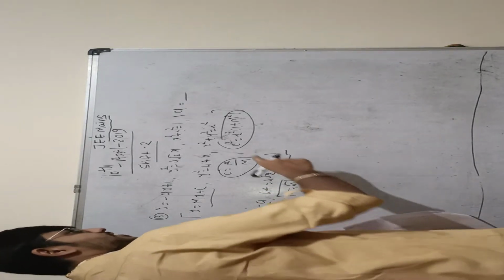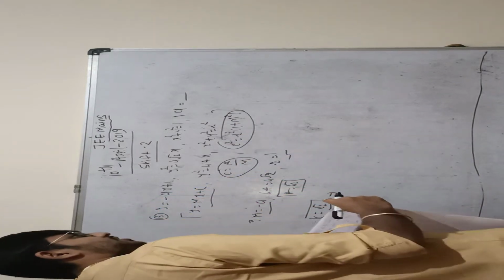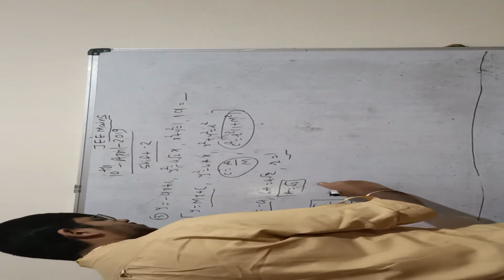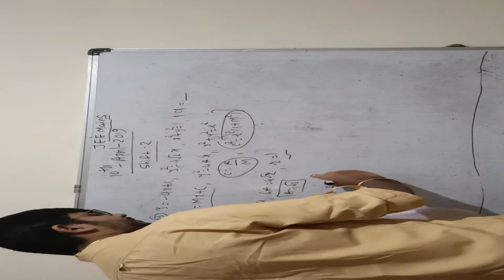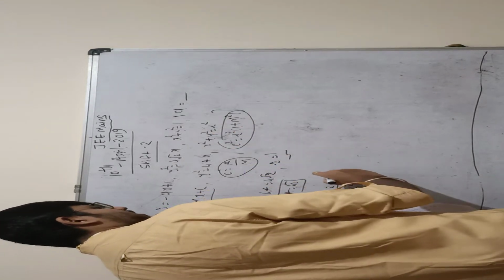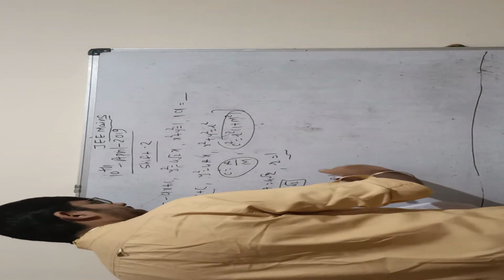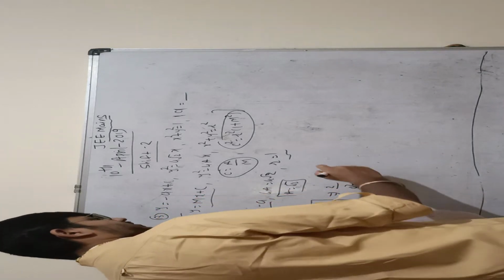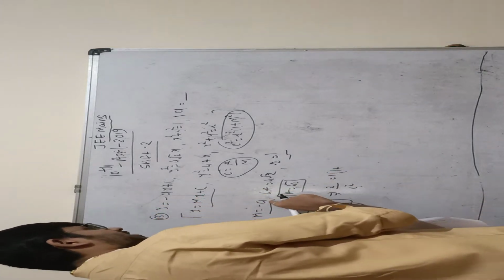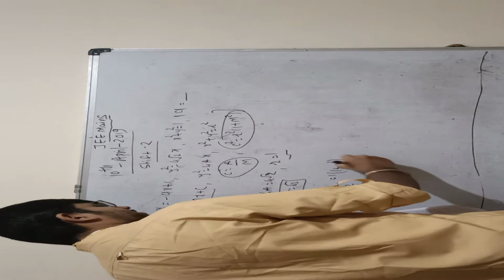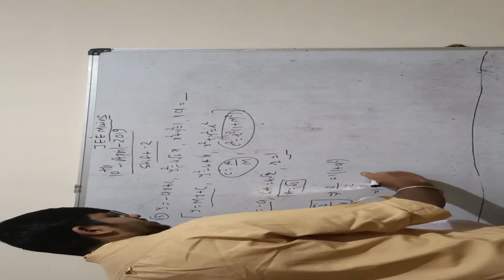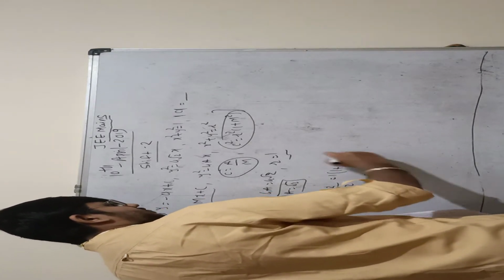Then putting the values in c square equals r square into 1 plus m square: c square equals 2 by a square, r equals 1, so 1 into 1 plus m square, and m is minus a, so it will be a square. So it's 2 equals a square plus a raised to 4.